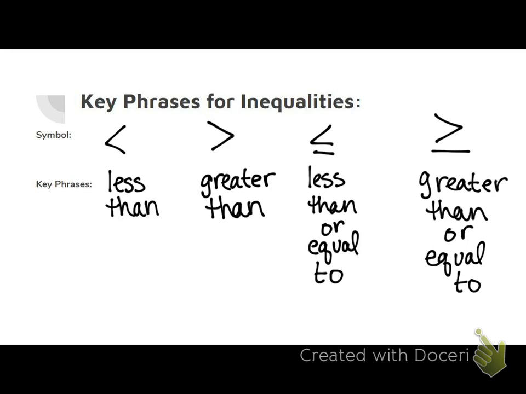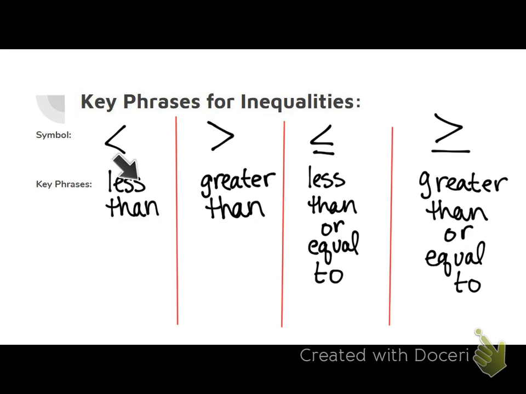Okay, so whether you have these up and down, or you write it next to them, we need to be able to know what these symbols mean in a phrase. If it does not have the bar under it, it's just less than or greater than. If it has the bar underneath it, it means or equal to.